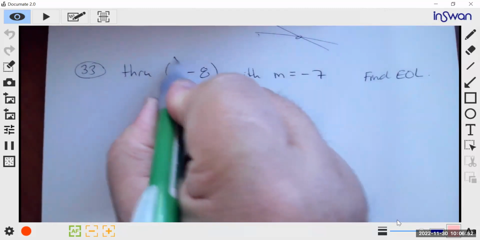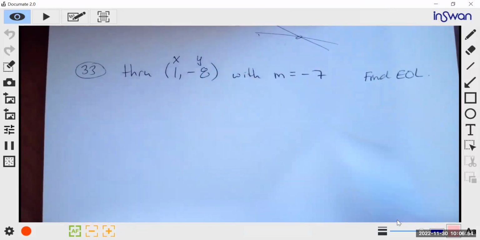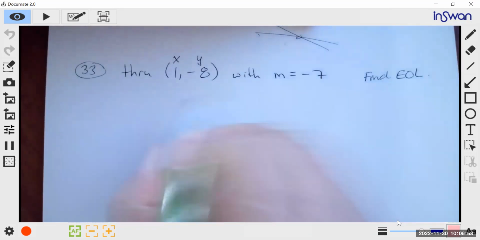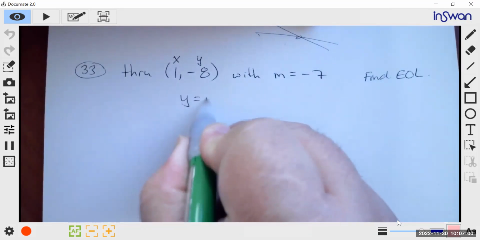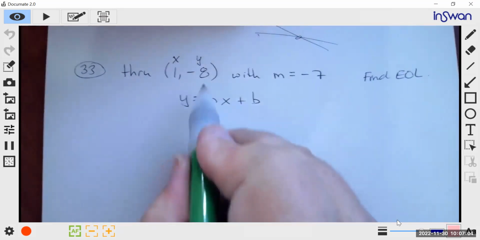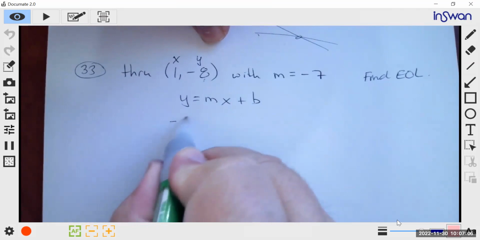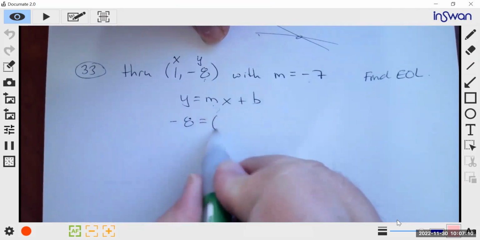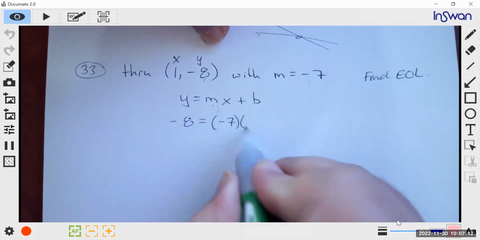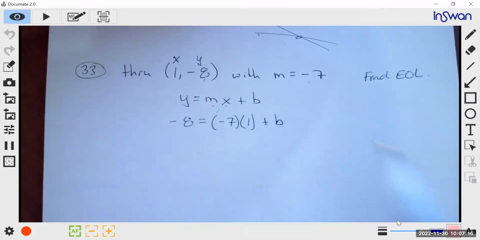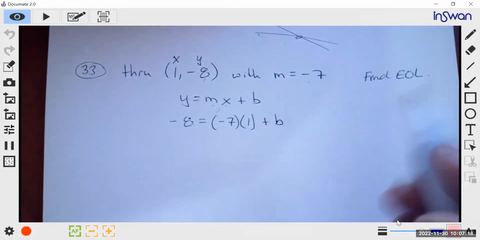Okay, we have an x value, we have a y value, and we have the slope. So we have y equals mx plus b. y is -8, m is -7, and x is 1. Solve for b.